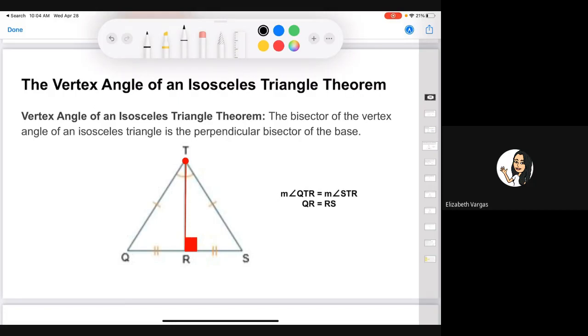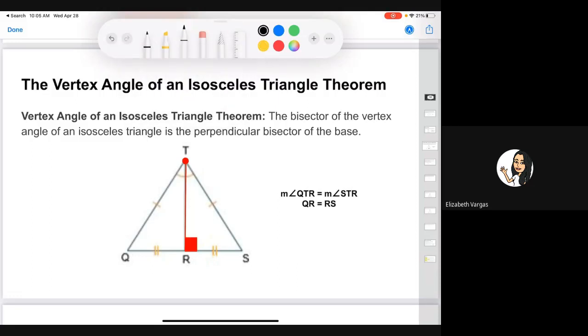So a bisector cuts an angle into two congruent halves. So in this instance, the vertex angle T was cut into two congruent halves. What this is also telling us is that the same line that cuts that vertex into two congruent halves also cuts the base into two congruent halves. And so because of that, we can determine that QR and RS are going to be congruent halves.